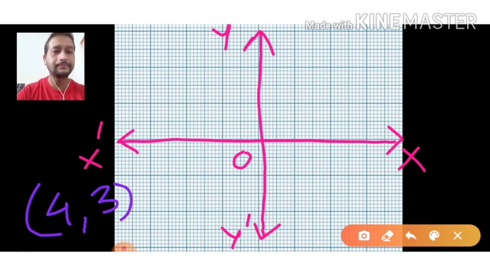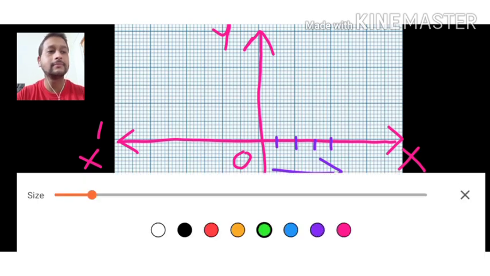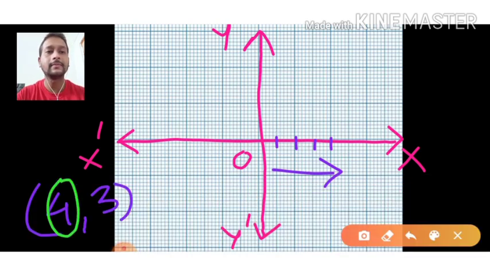How will you do it? If you are taking 4, so this is 1, this is 2, this is 3, this is 4, like that. Here this is positive 4, so we are moving to the right hand side.